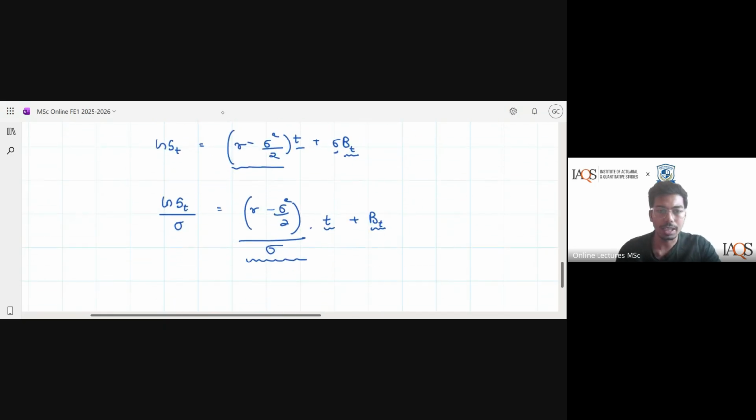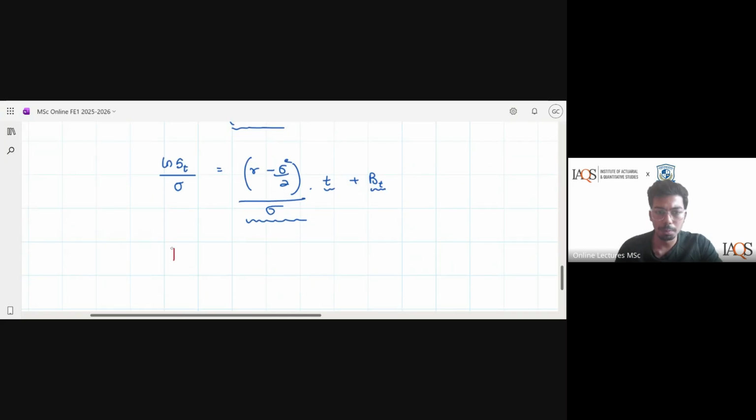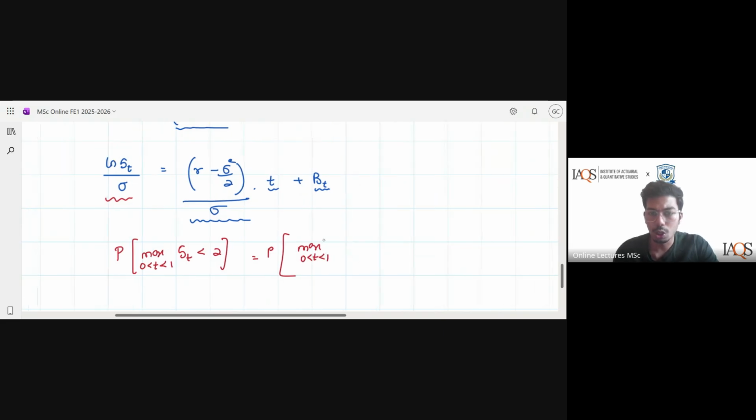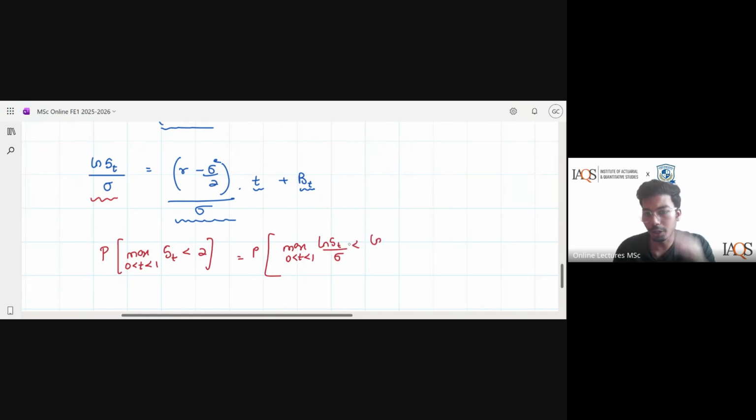Therefore, can I write the probability that the maximum over 0 to 1 of ST is less than 2? To bring it in this form, I'll have to first bring it in this form. Therefore, can I say the probability that max over 0 to 1 of log of ST by sigma is less than, if I do it on the LHS, I'll have to do it on the RHS, so log of 2 by sigma.